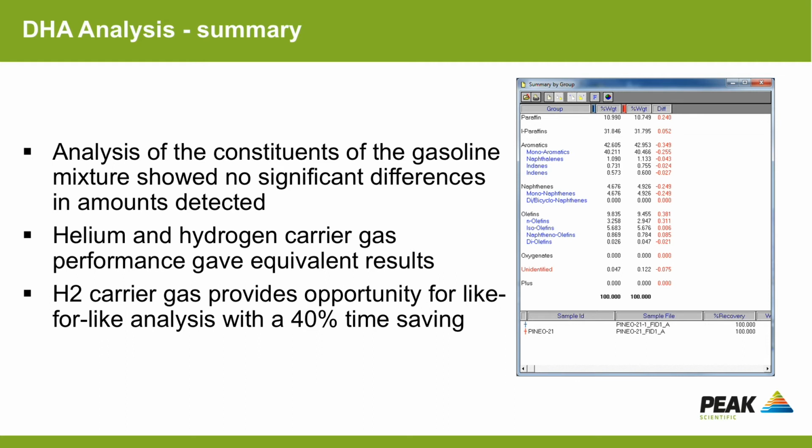So we're getting like-for-like analysis, but we're seeing a 40% time saving. So for any labs who are carrying out DHA analysis, this is a very good opportunity to save a lot of time, and for any contract labs doing this analysis, of course, this can be converted to increased revenue.